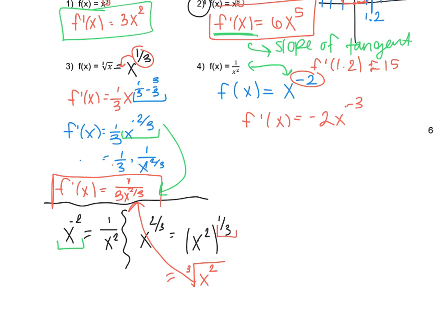The derivative is negative 2 times 1 over x to the positive 3, and rewriting that one final time as one fraction, f prime of x equals negative 2 over x cubed.